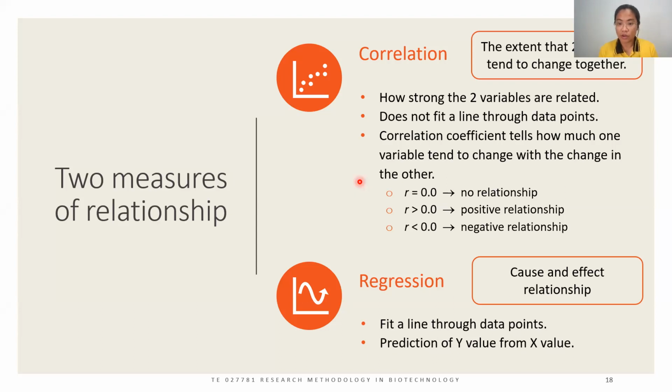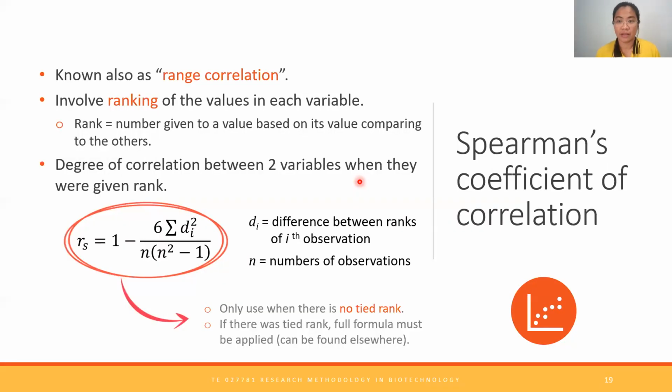Last time we talked about two types of correlation, which are the Spearman coefficient of correlation, which is a ranking. You have to put data into ranking first before you do the calculation to get a value to say how much they are related to each other.